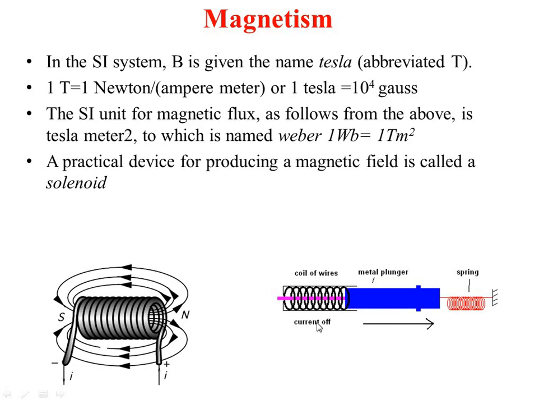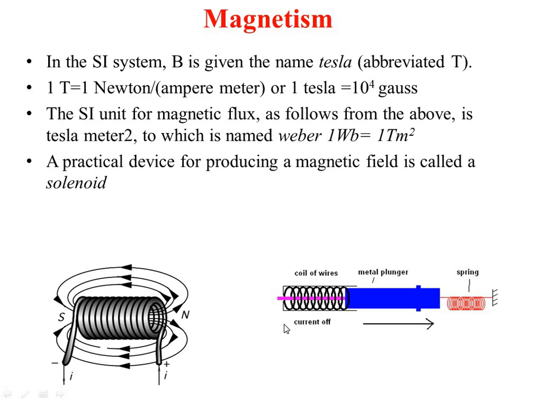When you pass the current, the other end of this rod is connected to a spring, and this rod, which is a metal plunger, gets attracted to this side and engages with the coil.